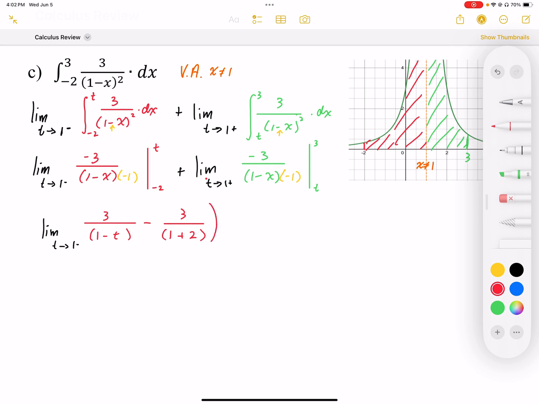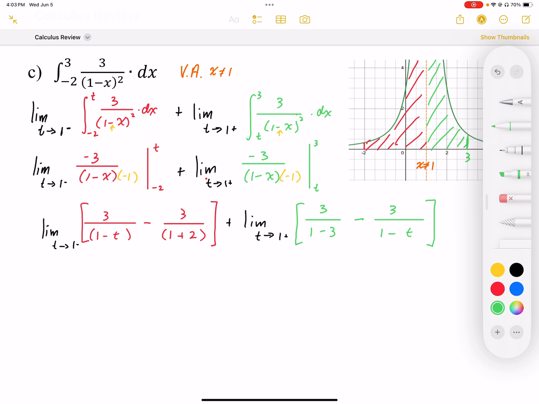Put that in brackets. Plus the second part, t approaches 1 from the positive side this time. And I'm going to plug in my bounds. Again, those negatives are going to cancel out, so I'm going to end up with 3 over (1 - 3) minus 3 over (1 - t).